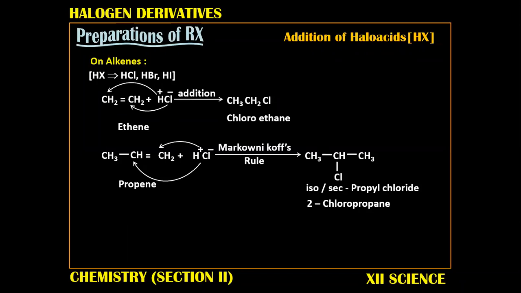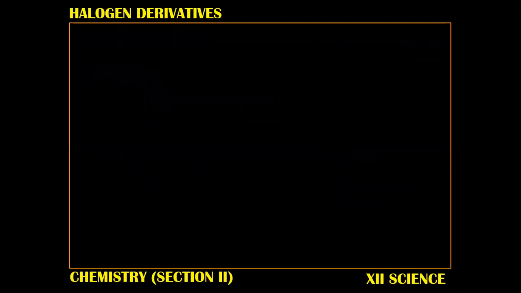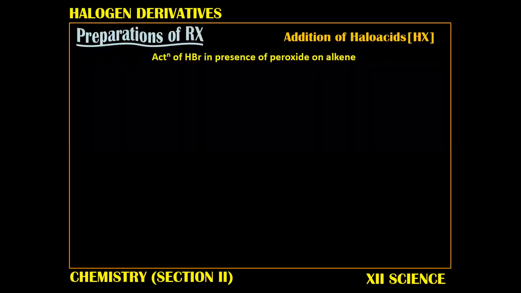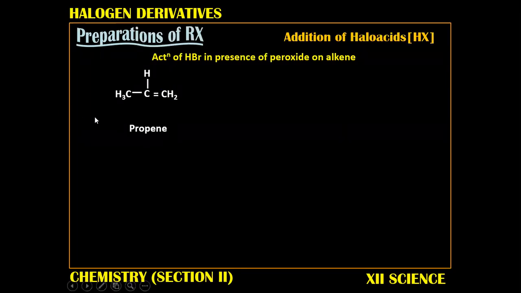Now we'll do unsymmetrical alkene with HBr. Third example. Now this is anti-Markovnikov's rule, peroxide effect or Kharasch effect. See, when you react propene with HBr in presence of peroxide, benzoyl peroxide or hydrogen peroxide, the reaction goes according to the anti-Markovnikov rule.